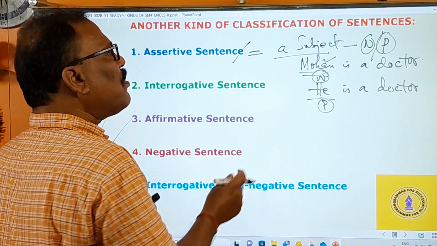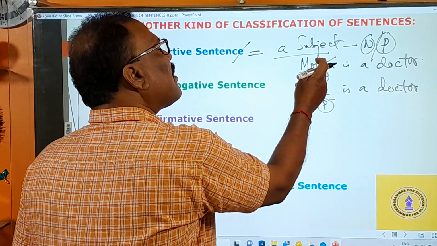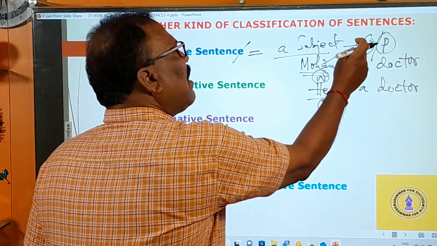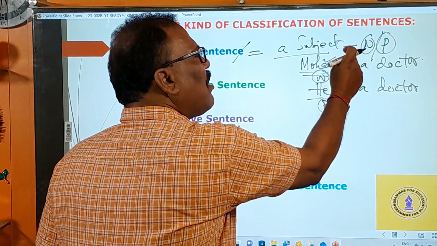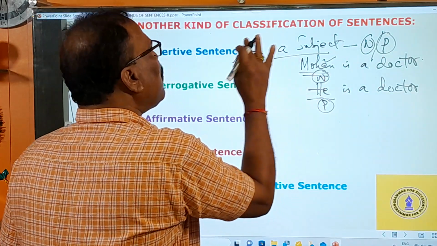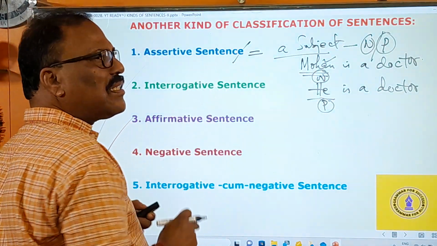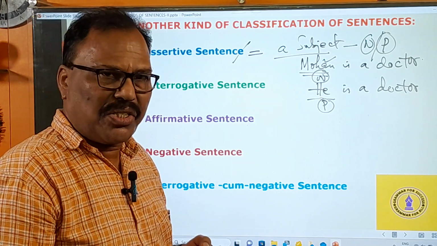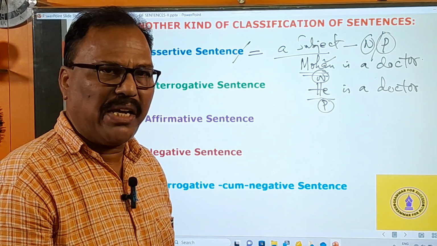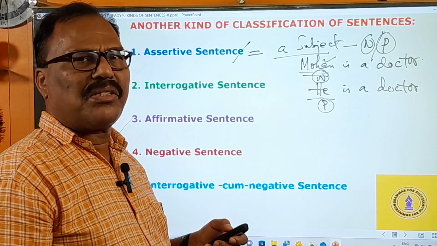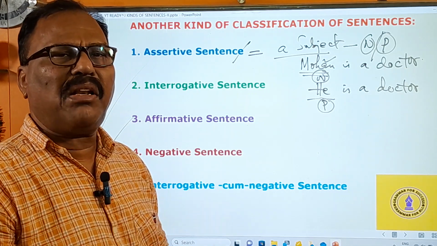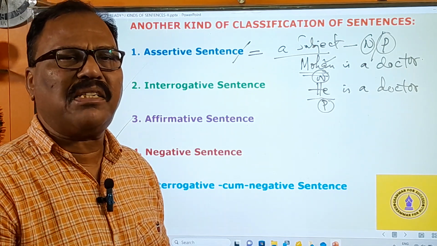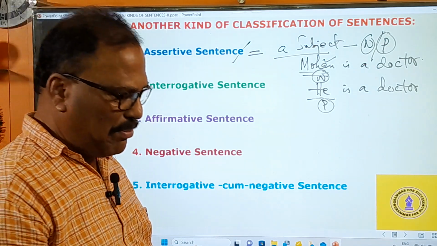So any subject can be either a noun or a pronoun, right? So here assertive sentences always begin with a subject. Keep this point in your mind. And assertive sentences are also nothing but normal sentences or simple sentences beginning with a subject, right?